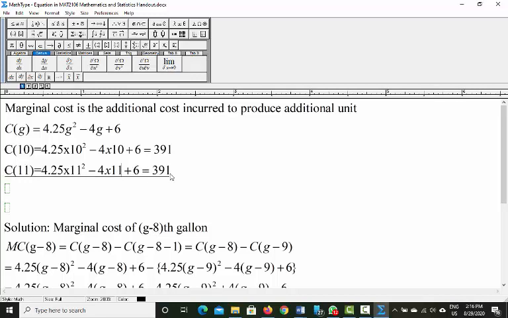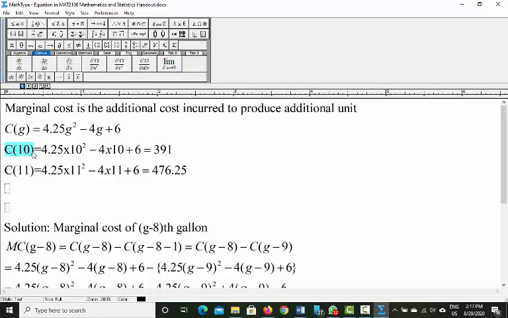Now if you calculate, you will get the answer. So let's see. Now, it is 476.25.